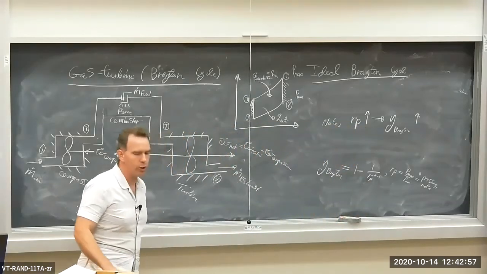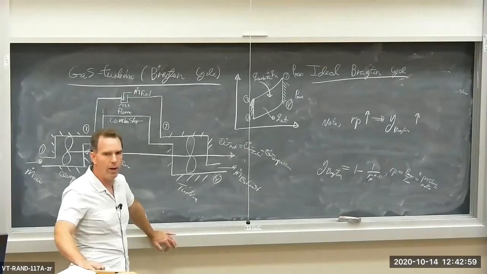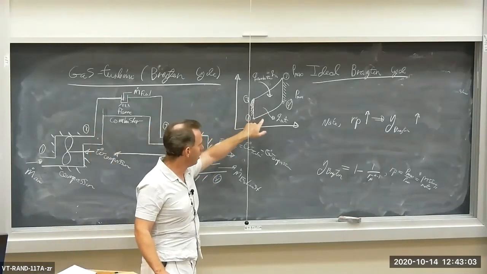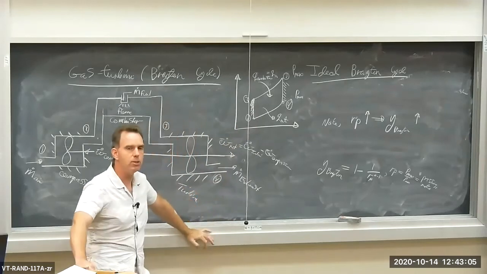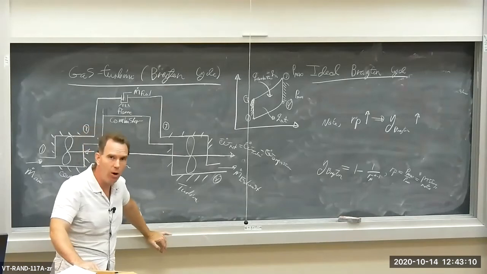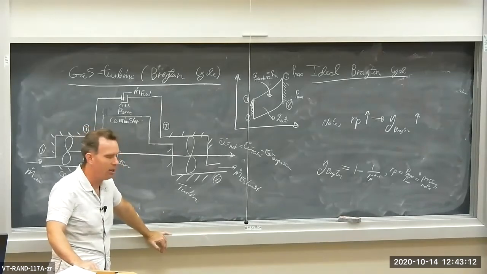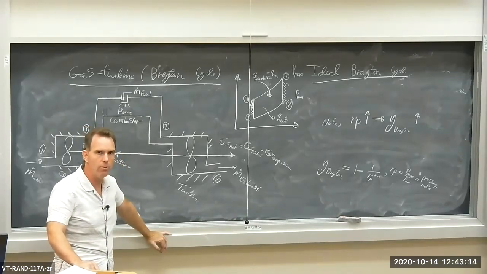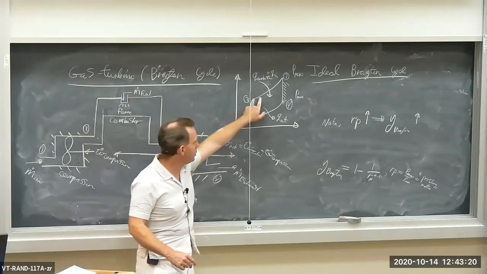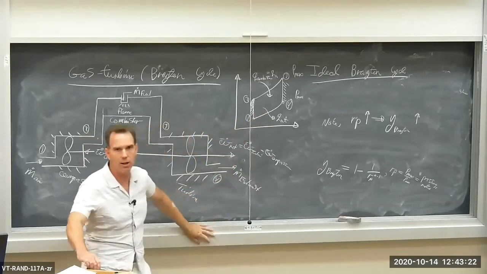Now, I'm not going to go through the derivation of this expression. What I invite you to do is note that this actually looks a lot like the Otto cycle, except it's constant pressure heat addition and rejection instead of constant volume heat addition and rejection. Go through and look at the derivation for the efficiency of the Otto cycle and see what changes if we have constant pressure heat addition and rejection instead of constant volume.